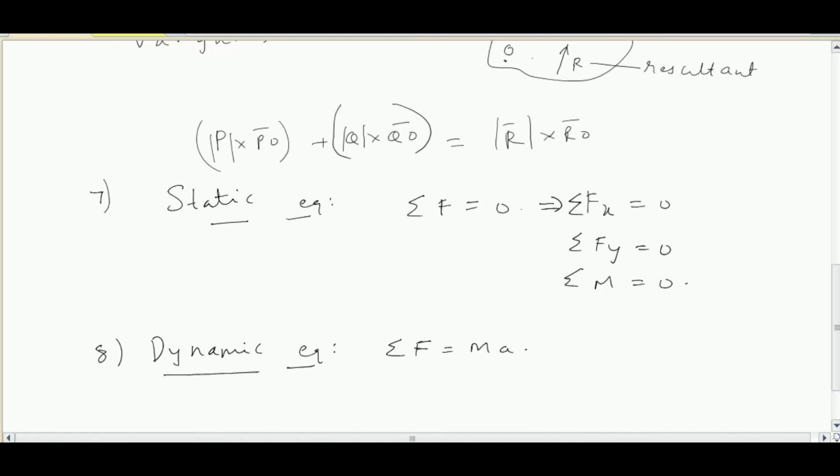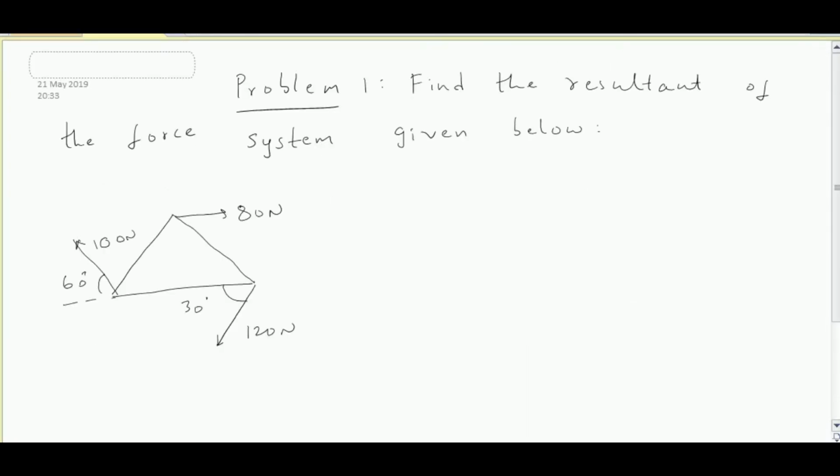Now let's go back to the problem. Using projection of forces, sigma Fx is equal to 80, since 80 is acting in the positive x-axis direction, we take it directly, and 100 is acting along the negative x-axis direction, so 100's projection should be taken.